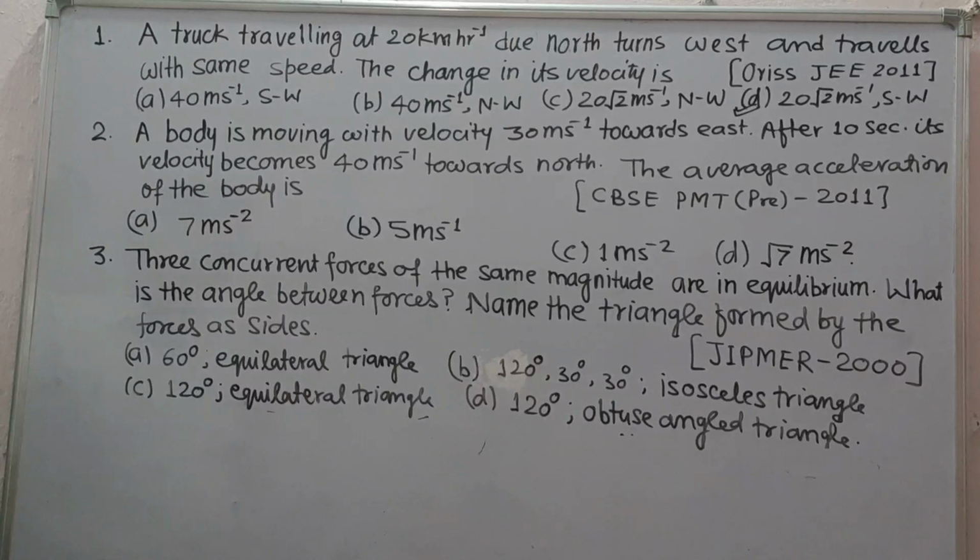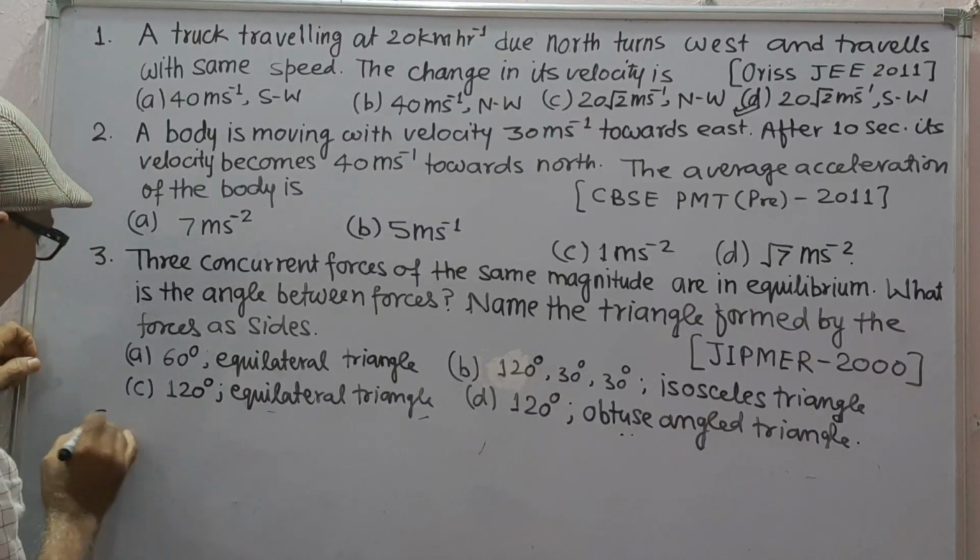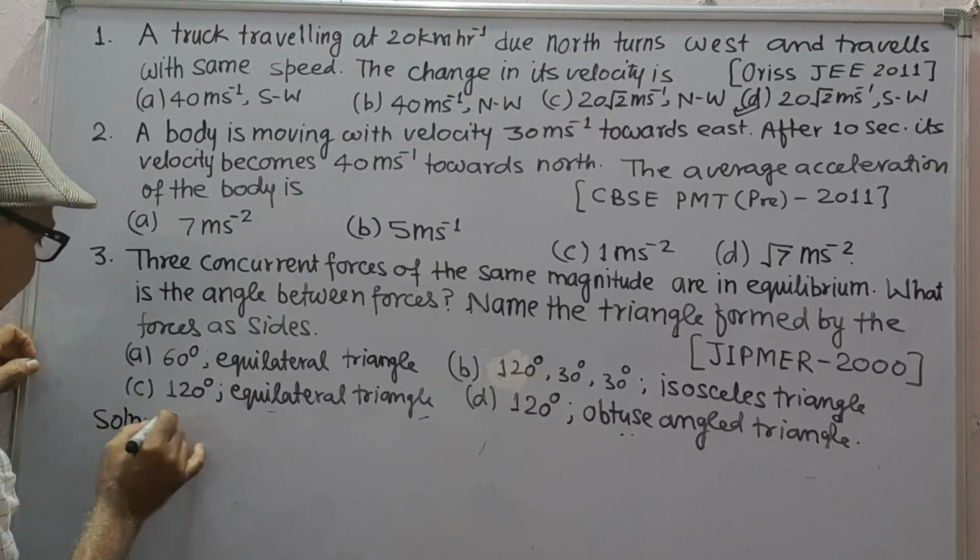Next question number 2. A body is moving with velocity 30 meter per second towards east. After 10 seconds its velocity becomes 40 meter per second towards north. The average acceleration of the body is. Solution to question 2.